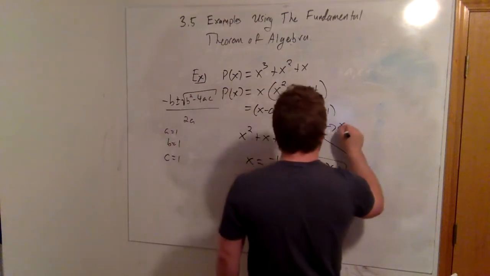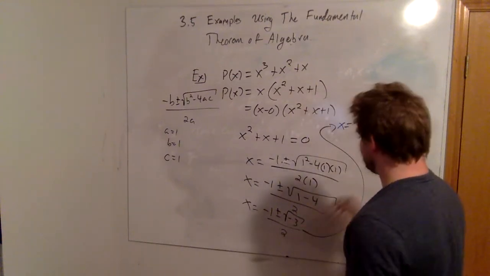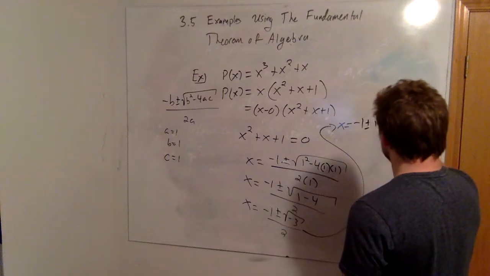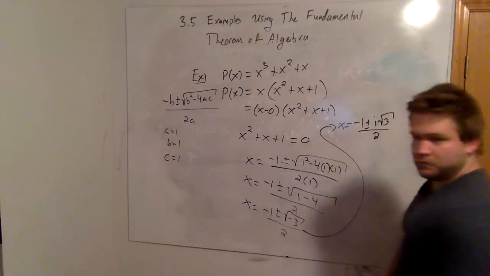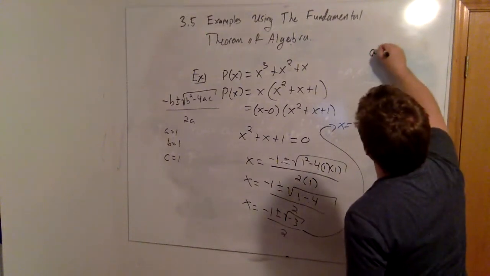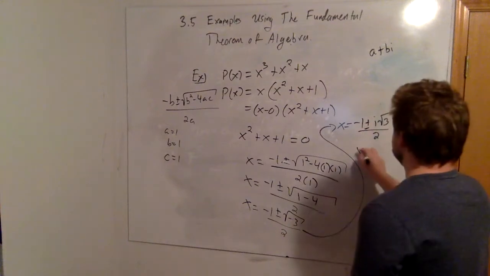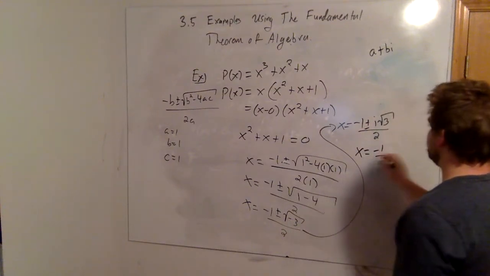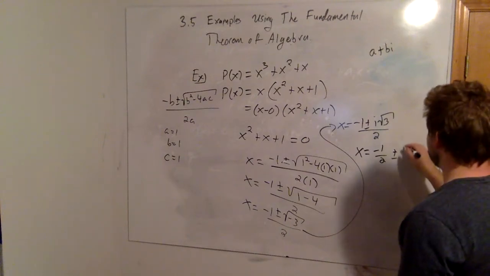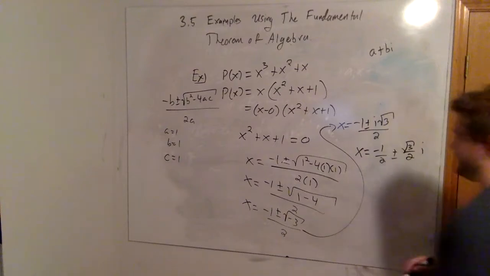So we have x is equal to negative 1. Remember, we can write the square root of negative 3 as i times root 3, all over 2. Remember, we like to write complex numbers in the form a plus bi, so I'll go ahead and distribute the 2. So this is going to be the same thing as negative 1 over 2 plus or minus root 3 over 2 i.